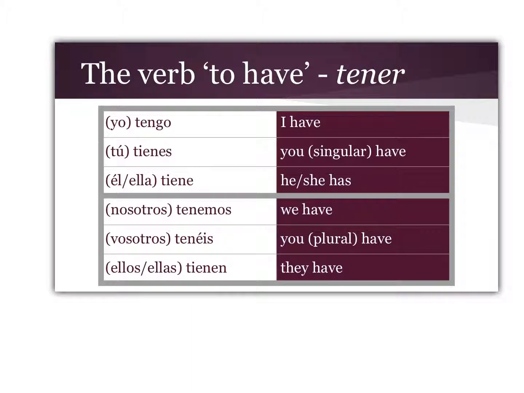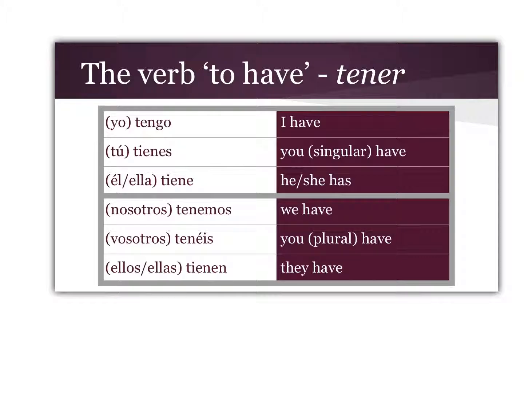There's therefore never any doubt as to who is doing the action of the verb. Because of this, the words yo, tú, él, ella, nosotros, vosotros, ellos, ellas, what are called the subject pronouns in Spanish, rarely need to be used.